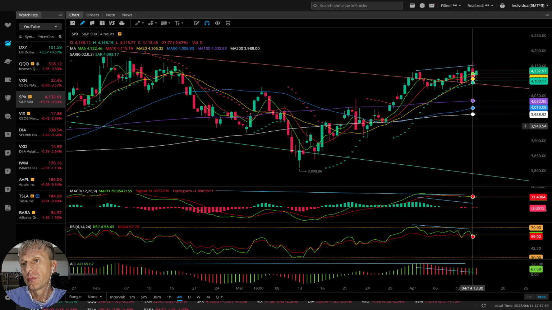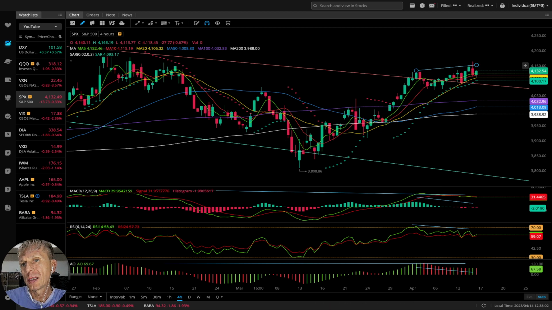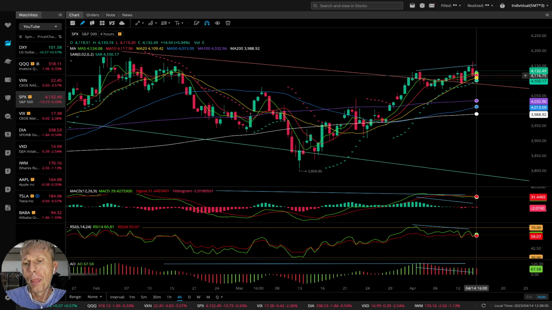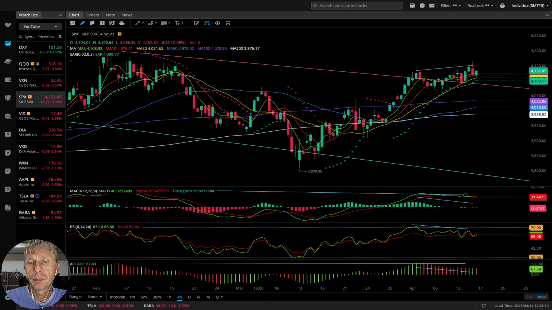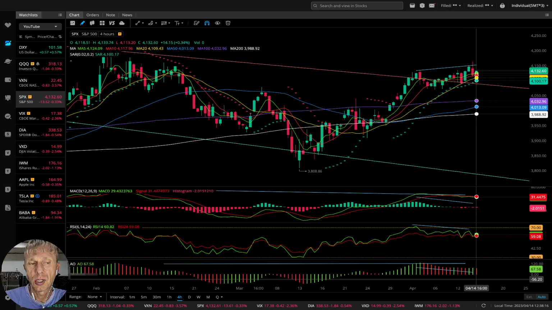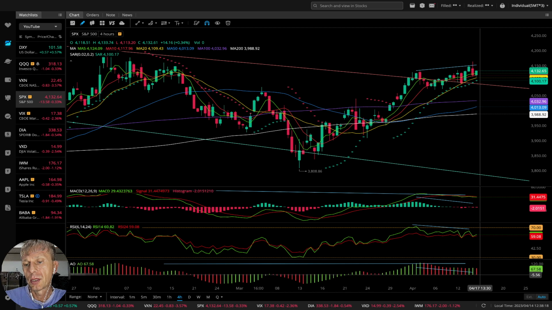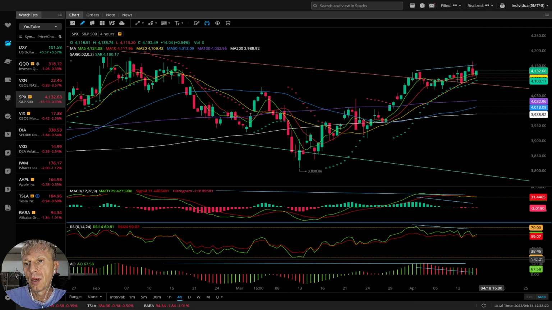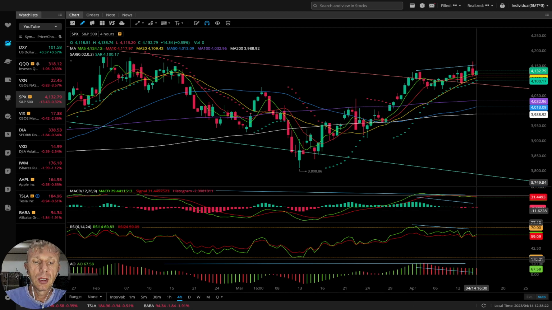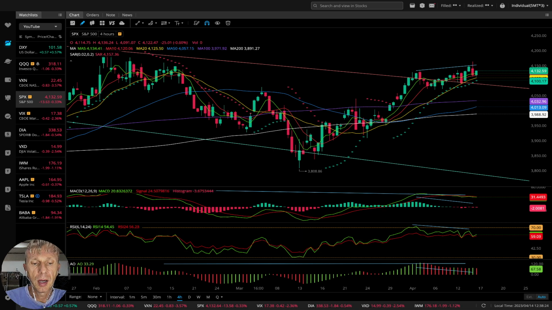This morning the first bar was positive and it moved to negative. Last bar is kind of green. MACD bearish, RSI has bearish divergences. Oscillator, all indicators have multiple bearish divergences. Oscillator bearish, MACD bearish, two indicators bearish, two indicators bullish for SPY, SPX.